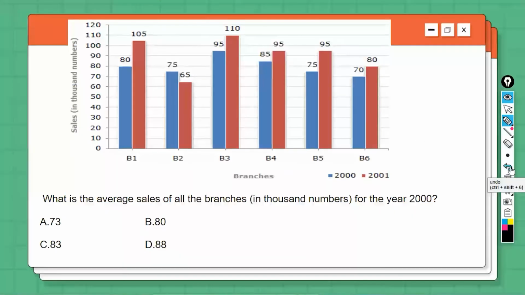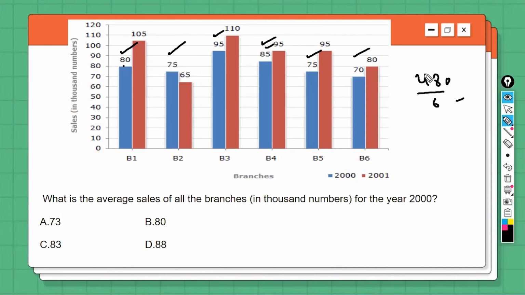For this problem, the number itself is easy. Like 80 plus 75 plus 95, 85, 75, and 70. So 80 plus 75 is 155. Plus another 95 is 250. 250 plus 80 is how much? 335 plus 5, 340 plus 70 is 410. 410 plus 70 is 480. 480 by 6.